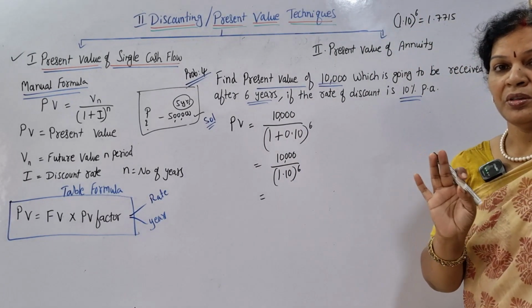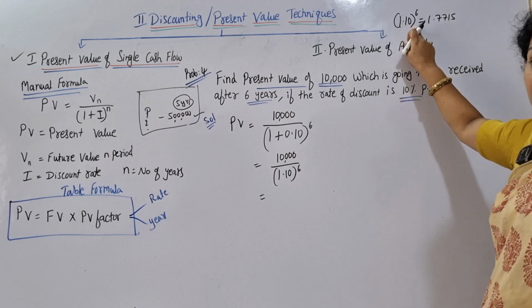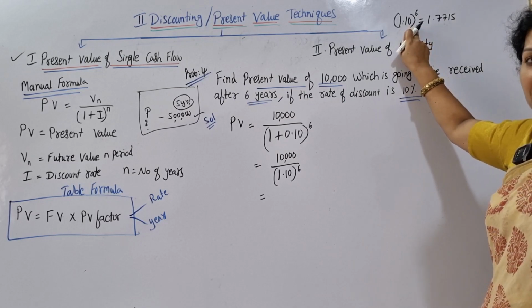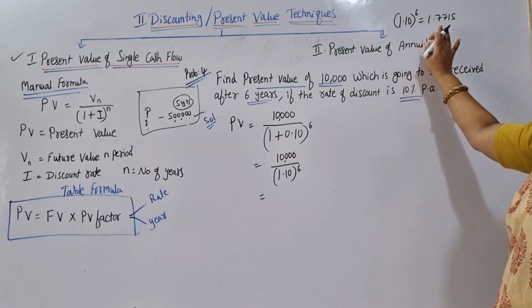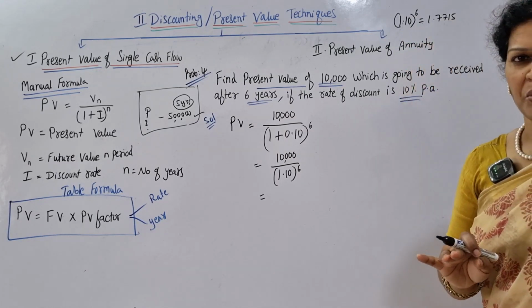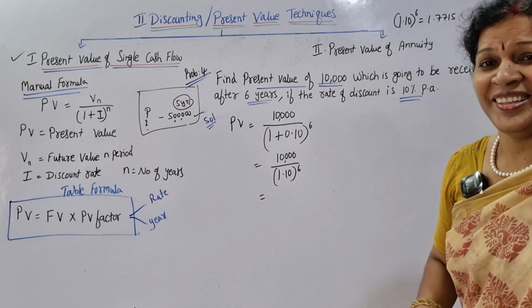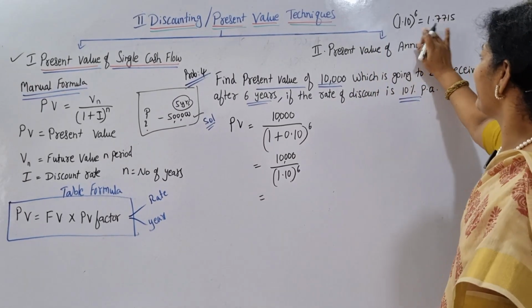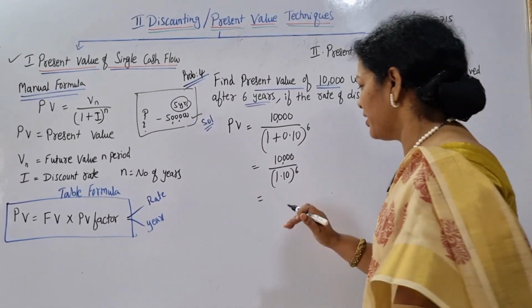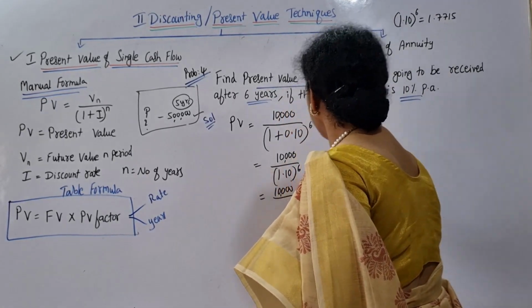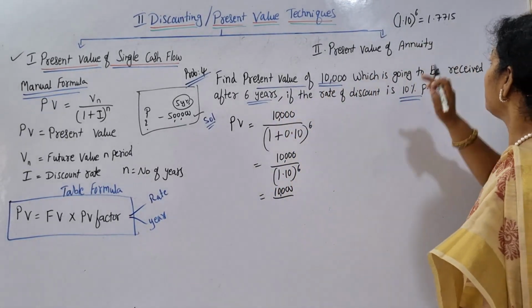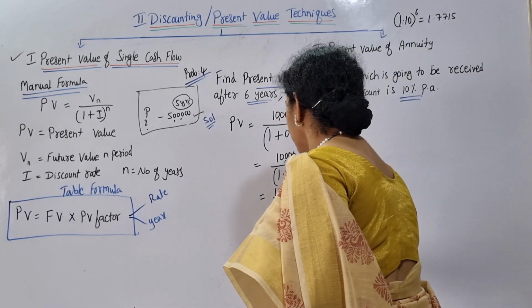It means you have to press 1.10 into 1.10 into 1.10 like 6 times. If you press, you are going to get this much. Should I? I have already done it. If you want, you can press and check that this is the value you get. So I'll write 10,000 divided by 1.7715.